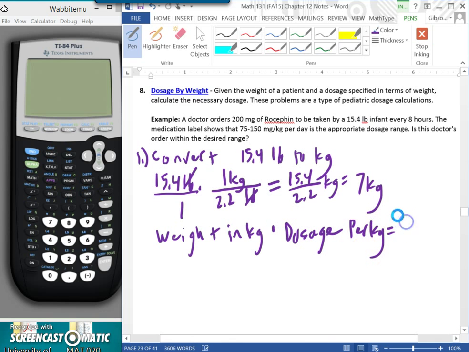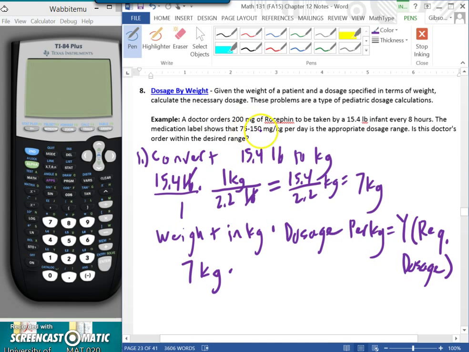And that equals Y, which is the required dosage. I'm going to abbreviate required dosage. So now we have our weight in kilograms, which is 7 kilograms, and we multiply by the dosage per kilogram.